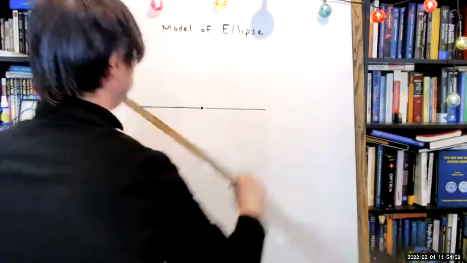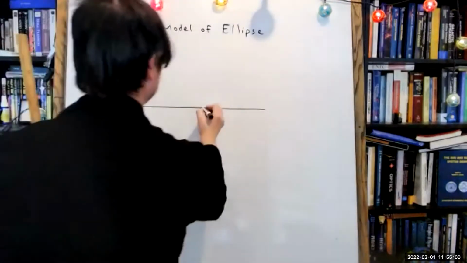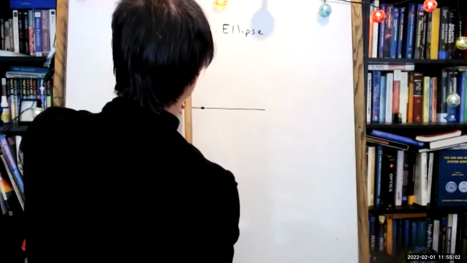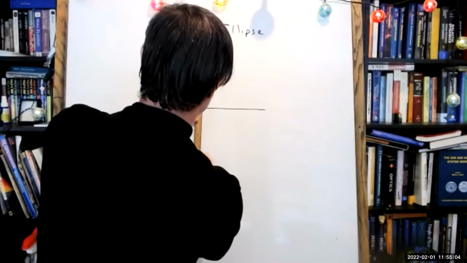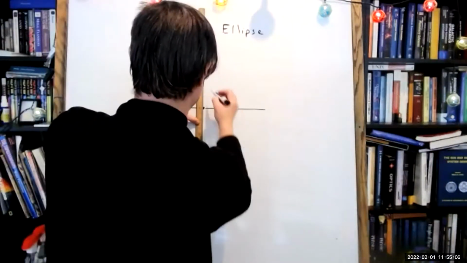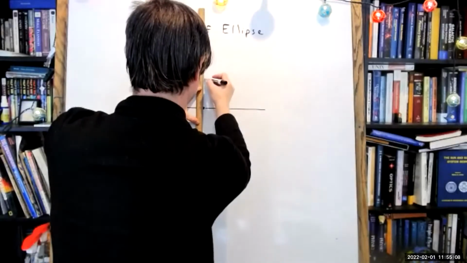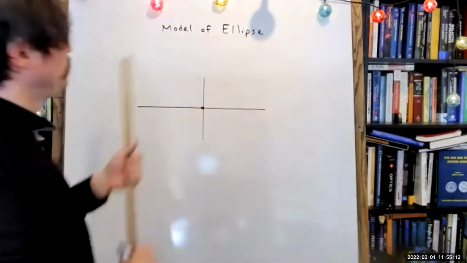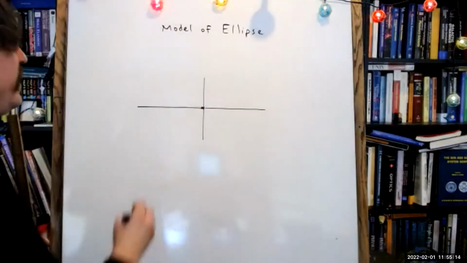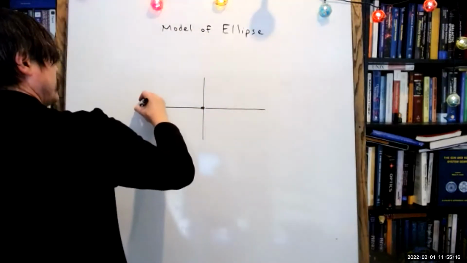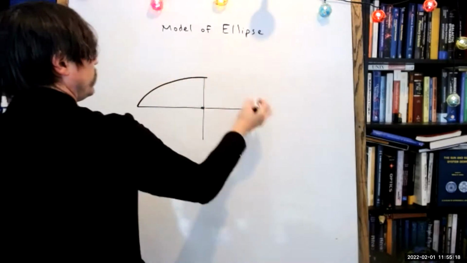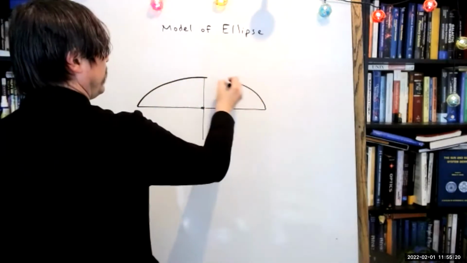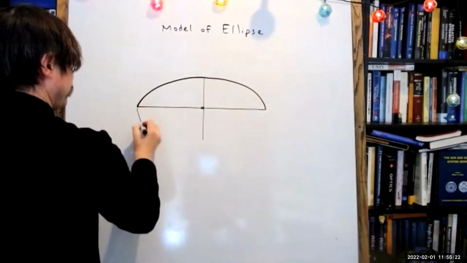Okay. Then once you've marked the midpoint, make a line that is shorter, like so, as a vertical cross, and then connect the edges in a quick and dirty oval. This is not really how we do an ellipse, but it's close enough.